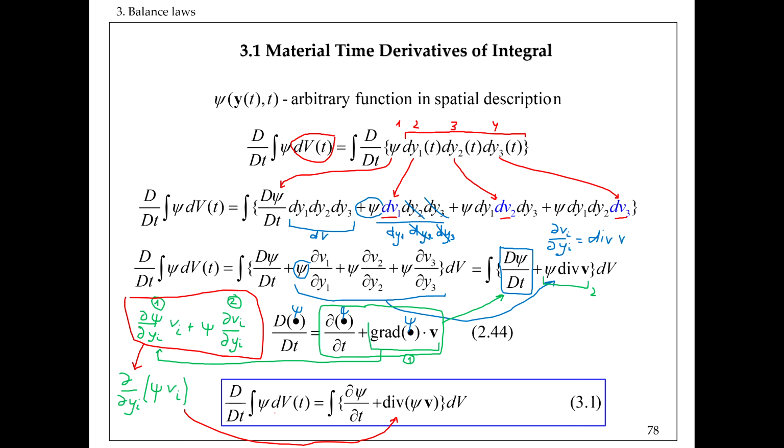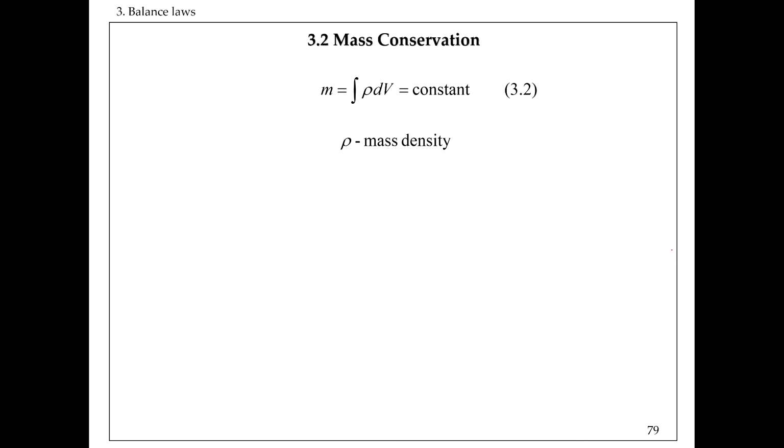All right, so this is an important formula for us. Now we can go ahead and basically substitute that psi here with the density, and then we can formulate the conservation of mass law for us. Basically what we are going to say here is just that the mass does not change at any part of the body, so it remains constant.